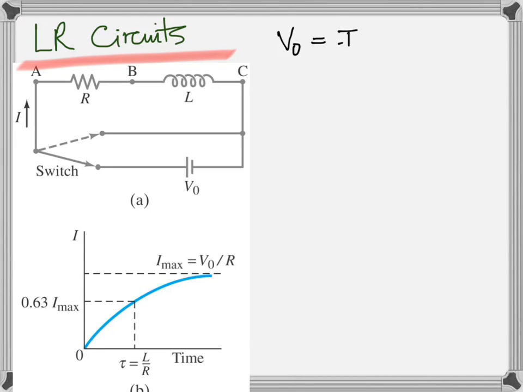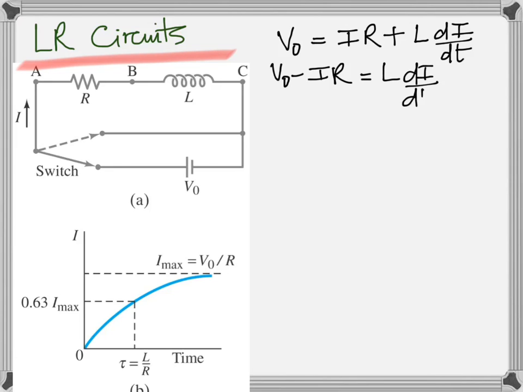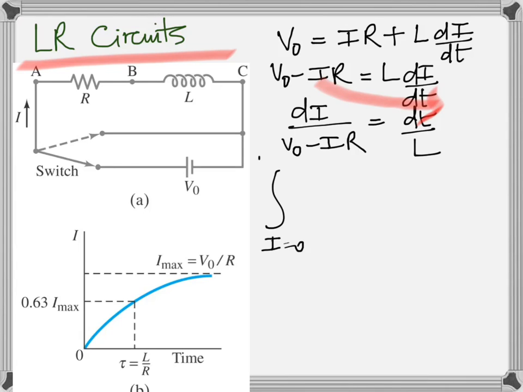And again, the LR circuit, the EMF's equation when you switch on is this, and you rearrange that, bring all the I terms together, integrate from 0 to I when t goes from 0 to t.